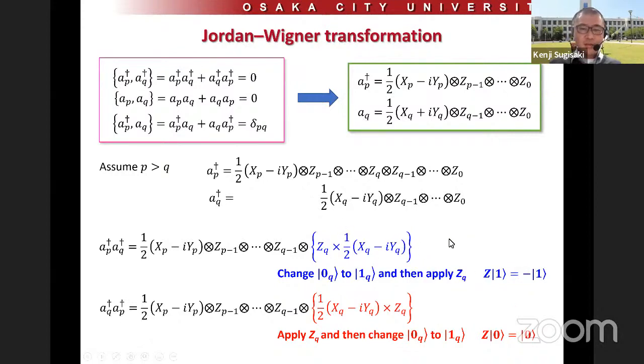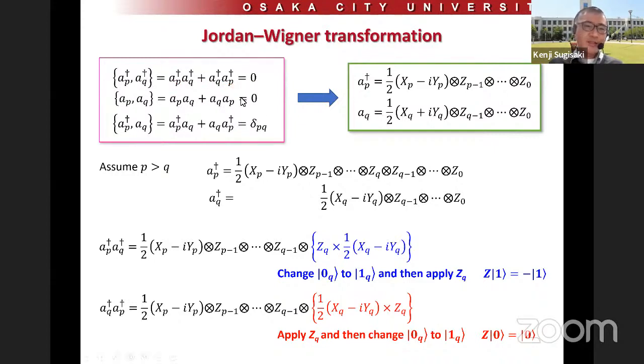So a_p† a_q and a_q a_p† have different signs, and a_p† a_q plus a_q a_p† becomes 0.